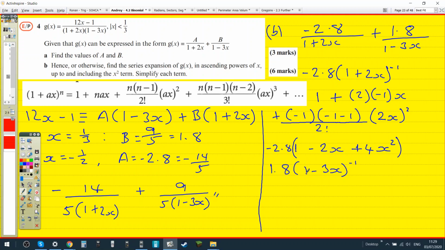And so that would be 1 plus minus 3 times minus 1x, plus minus 1 times minus 1 over 2 factorial times minus 3x squared.